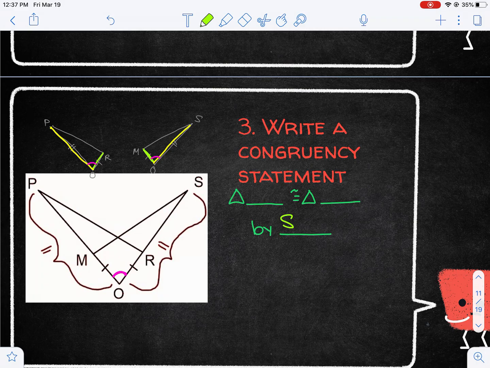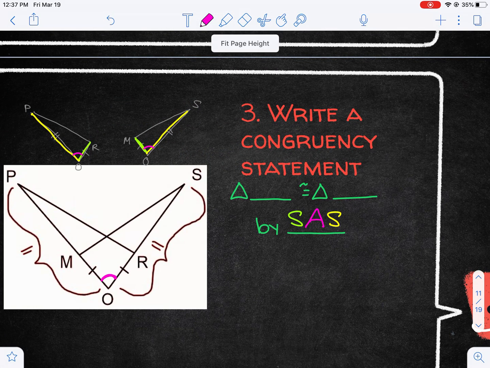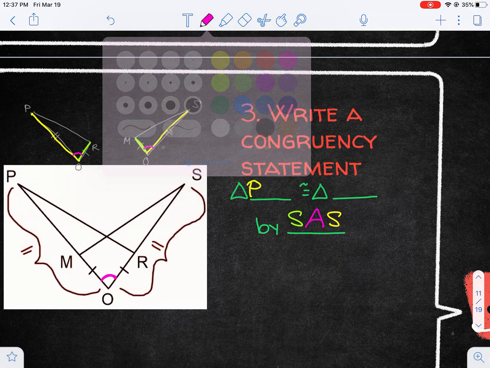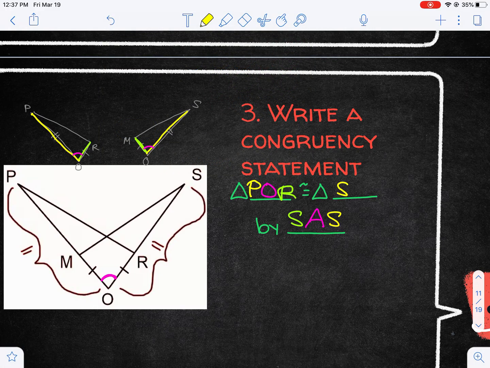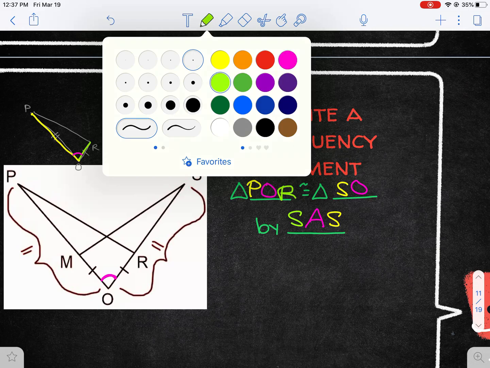So I had my green side, a yellow side, and the pink angle is between those. For my congruency statement, then I have P, O, R. P and S match up, O and O match up, and M and R match up.